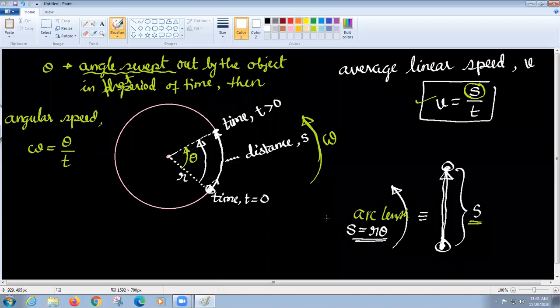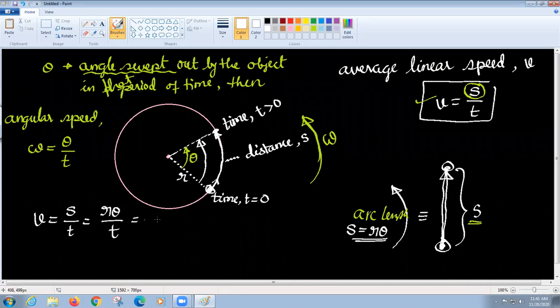Now I know v, the linear speed, is equal to s by t. You plug in s equal to r theta, so you have r theta by t. Now what is theta by t? Theta by t is equal to omega.